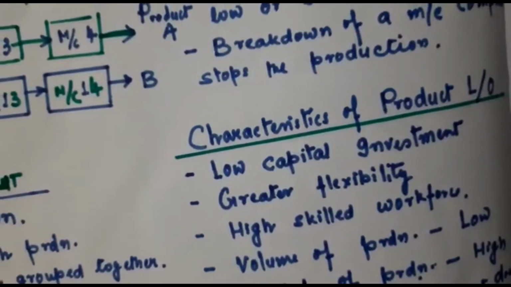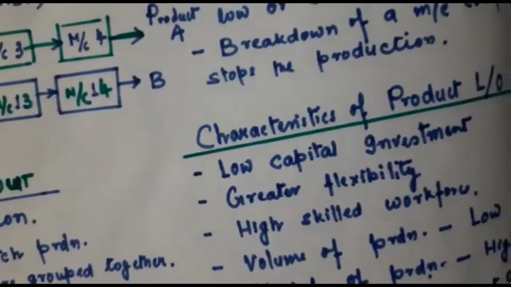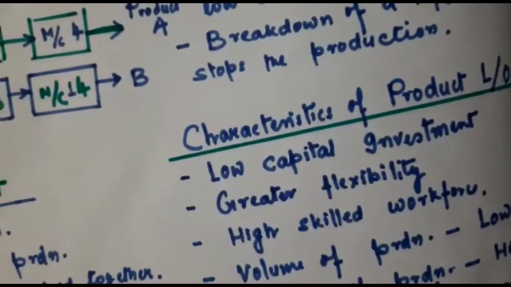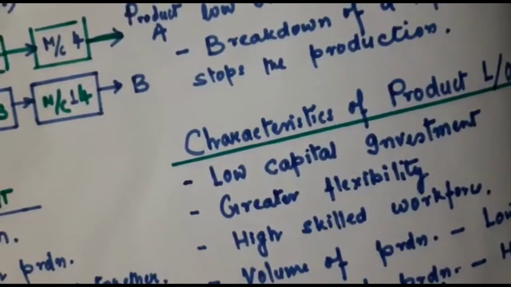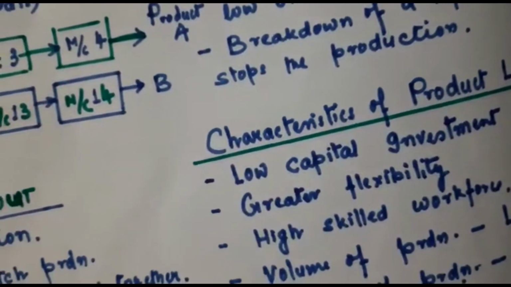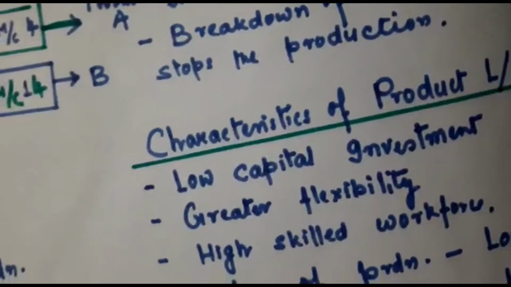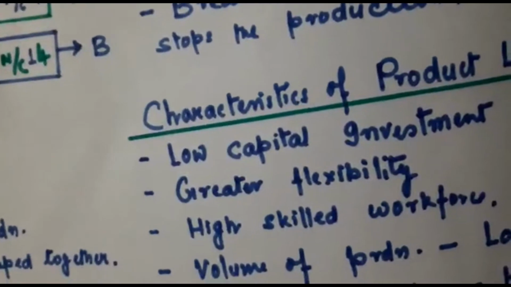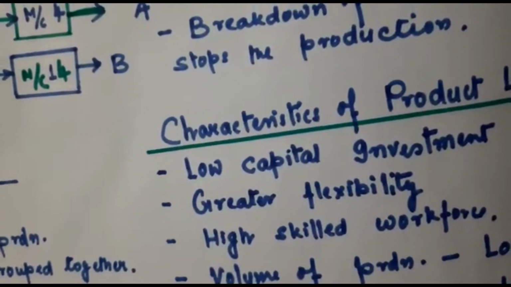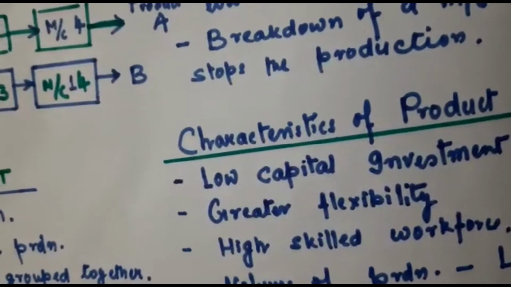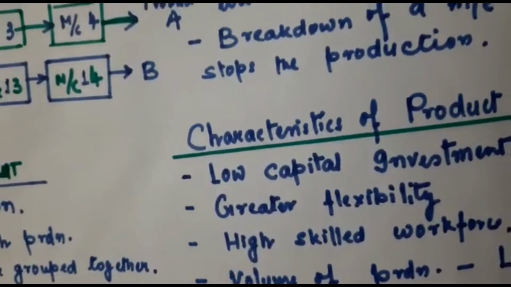Since all the general purpose machines are put together, it involves low capital investment. So if by any chance one machine is not working, another machine can take its place and we can process our product in other machines. So it is not a dedicated line, unlike product layout, which is a dedicated line where each of the machines is dedicated for producing a particular product, and so it was a high capital investment.